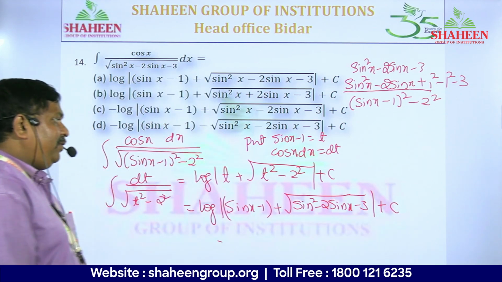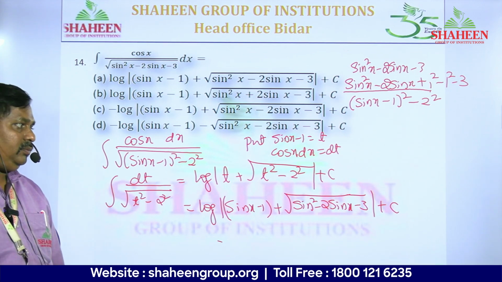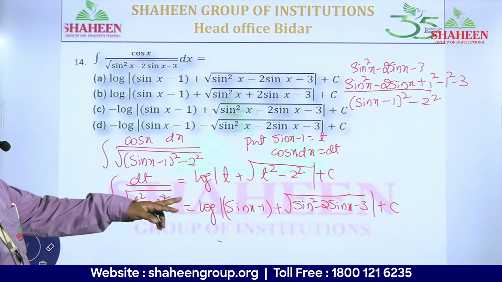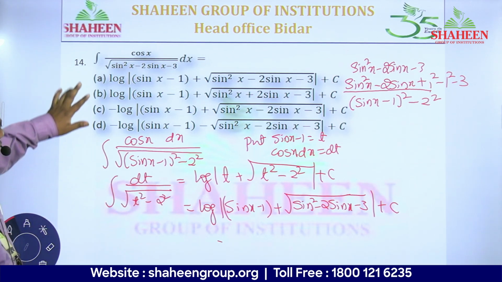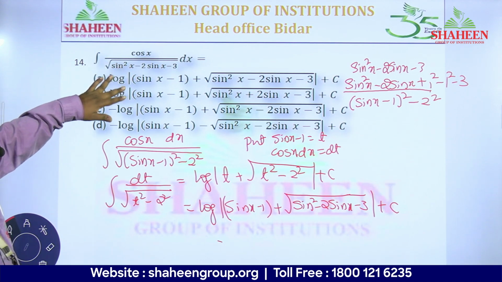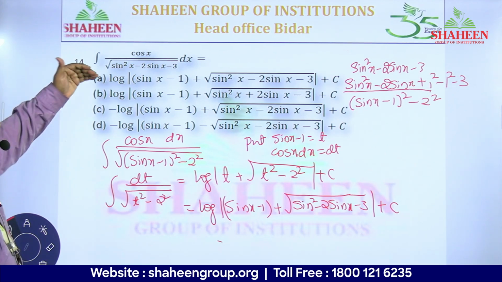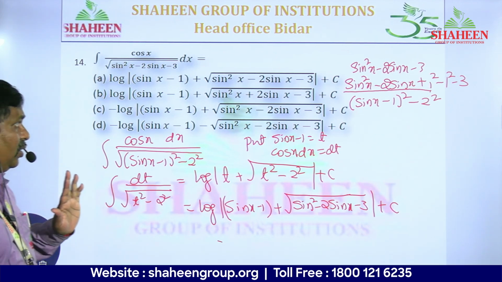So we are checking for this option in the 4 given options, that is log of sin x minus 1. You can see that log of sin x minus 1 plus log of sin x minus 1, either first or second is the correct option.